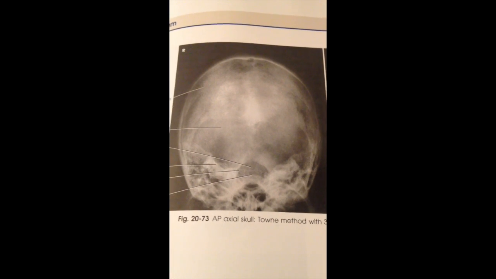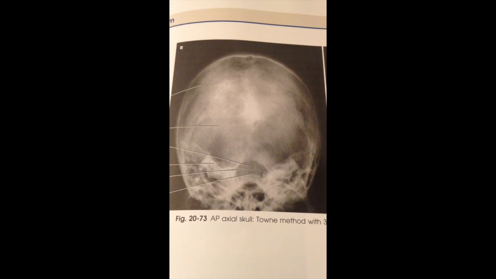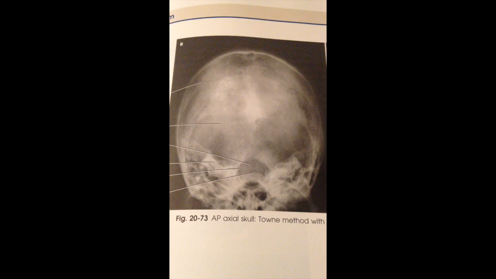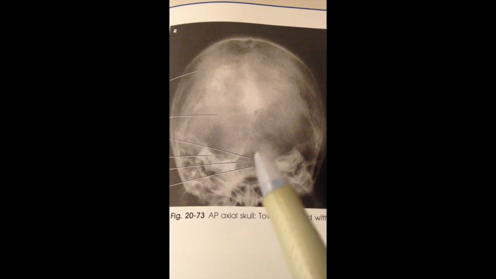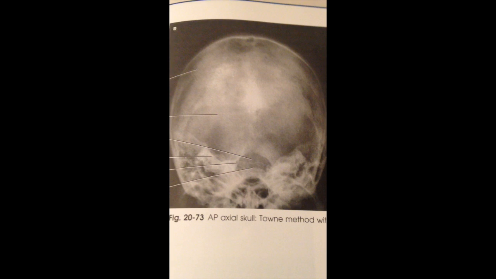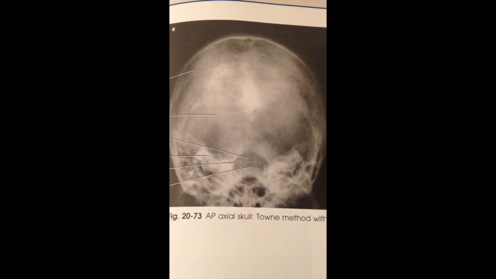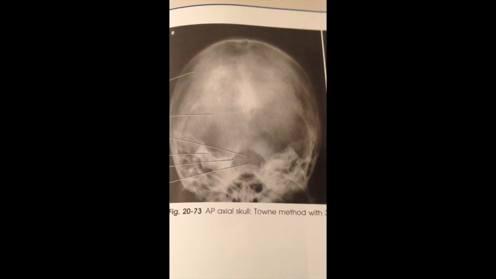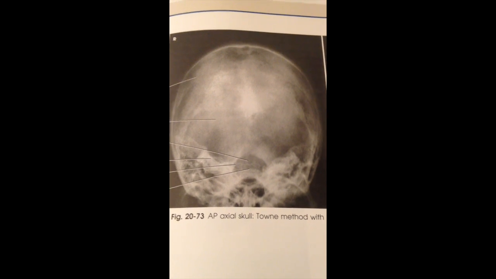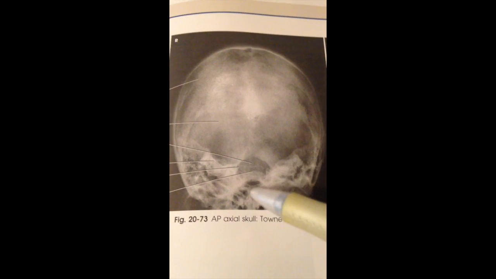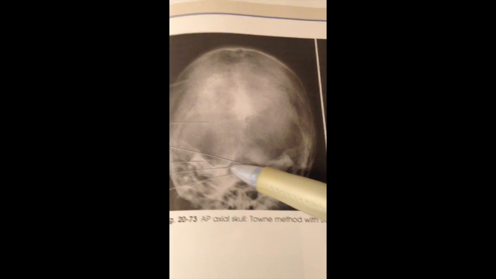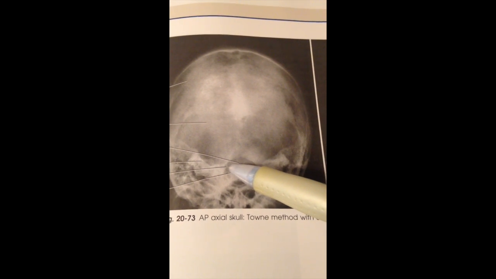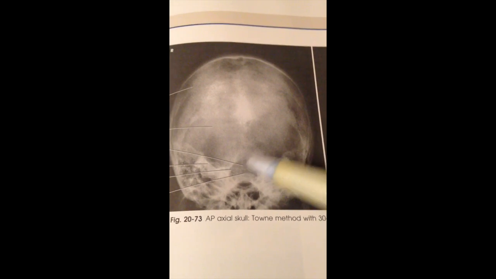Here is my AP axial projection, also known as the Town method. The central ray is directed through the foramen magnum at a 30-degree caudad angle to the OML. This is a good skull image because it shows the dorsum sella and posterior clinoid process are visible within the foramen magnum.